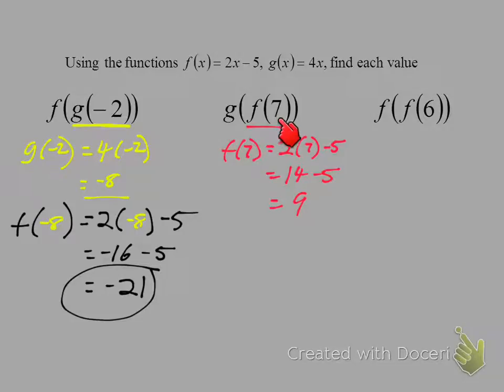And now that you know that f of 7 is 9, you plug 9 into g, which is 4 times 9, which gives you 36.